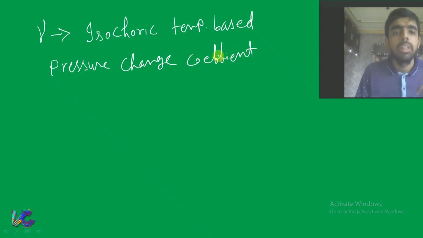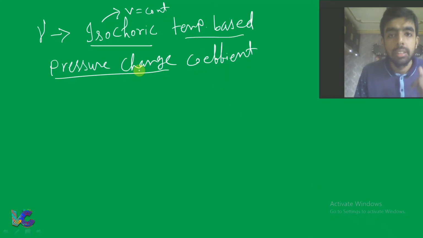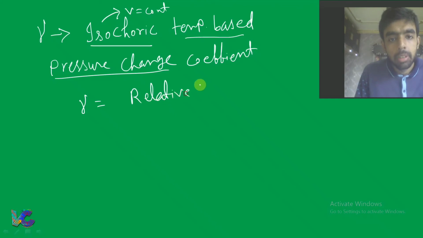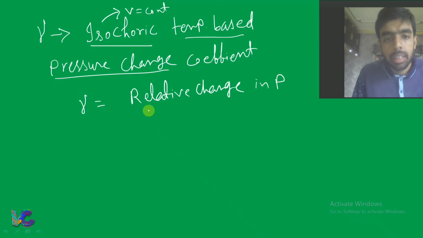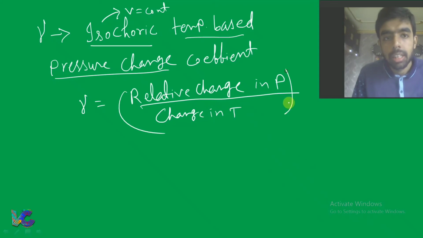From the name itself you can understand isochoric means volume is constant. Temperature-based pressure change means if I change the temperature, what will be the relative change in pressure, and that is measured by gamma. So gamma is the relative change in pressure with respect to change in temperature at constant volume.